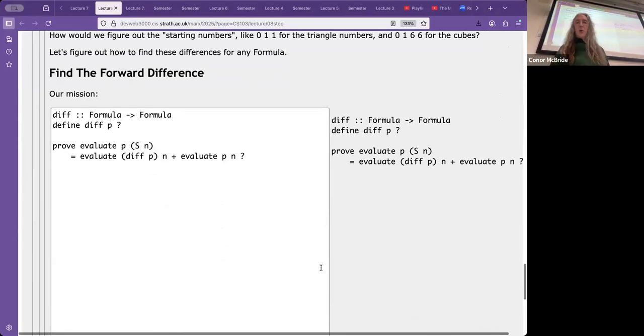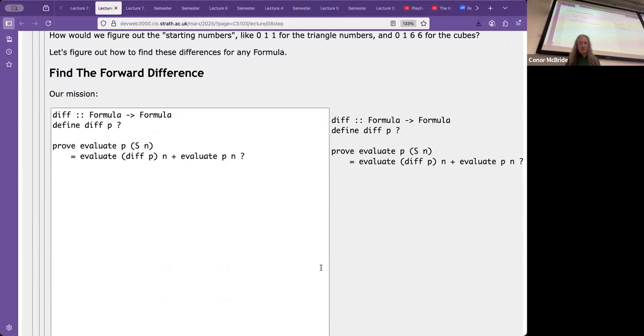Our plan, which we might just make a big start on, is for any given formula in our little language of formulae, we're going to compute another formula whose job is to tell us the difference when the formula we first thought of takes a step. So that's a lot of words. Actually, the equation that I'm asking you to prove is a much clearer statement of what's going on.